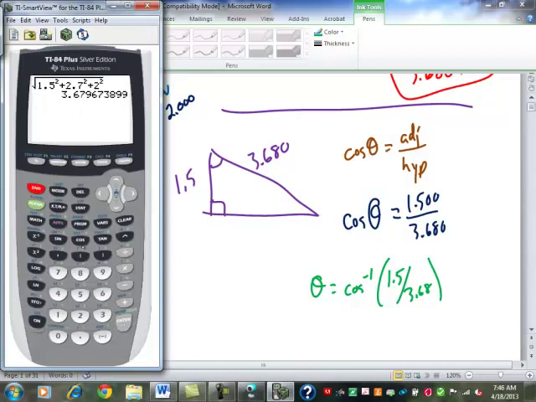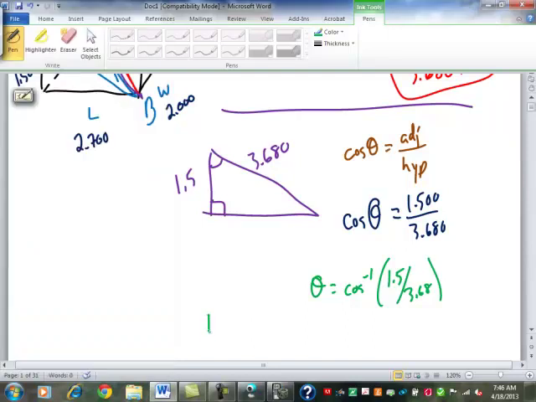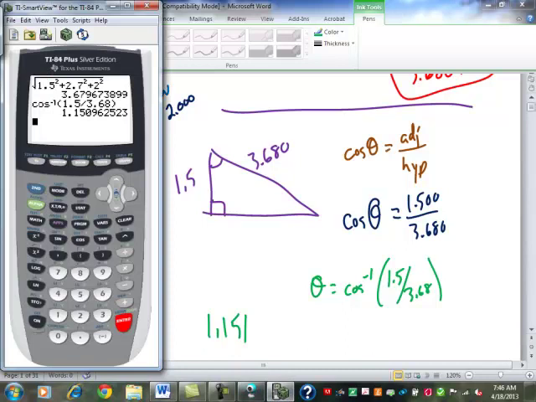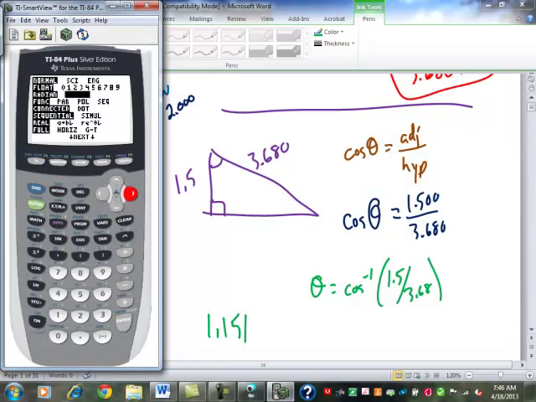So second cosine, 1.5 divided by 3.68. Close those parentheses and get 1.1509, so 1.151. And I'm guessing that means my calculator is set in the wrong mode because that doesn't sound right. And there it is. I'm in radian mode, so I got to change it to degrees.